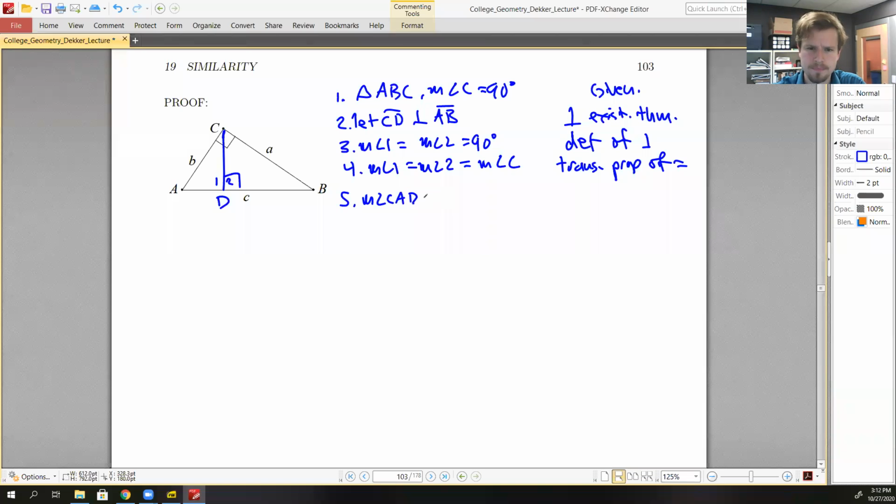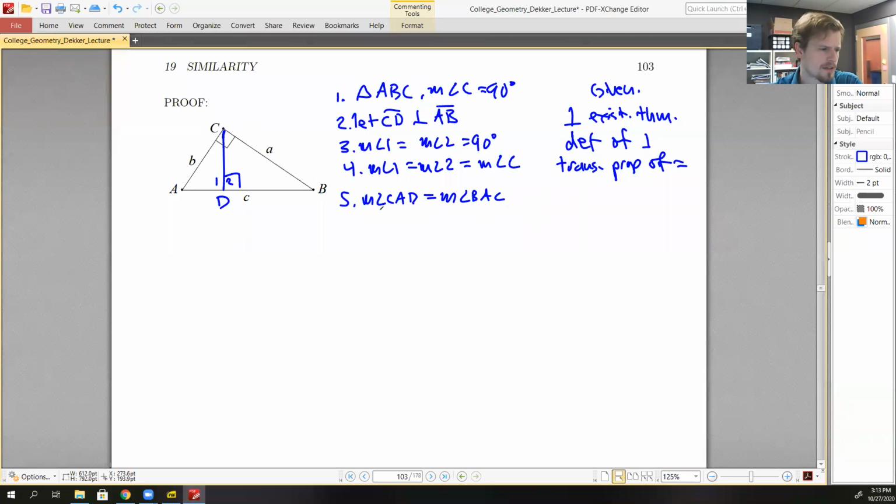We're using these names very specifically because we want to make sure that we have the corresponding vertices identified. So in this case, we're corresponding vertex C with vertex B, vertex A with vertex A, and then vertex D with vertex C.